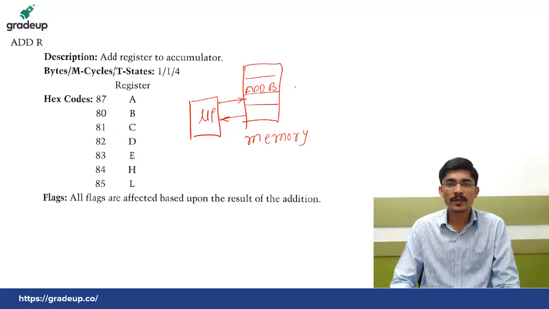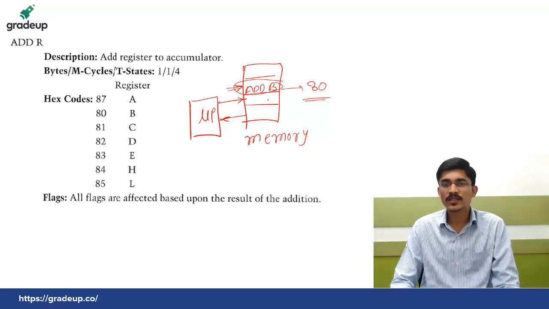So actually ADD B is not written over here. Here it will actually be written 80, but as the microprocessor starts from this address, it understands that this is an instruction, not data.